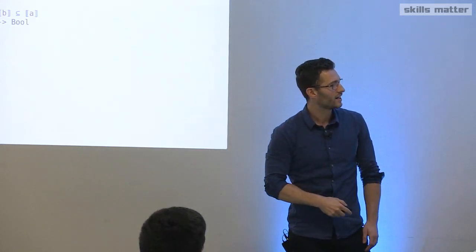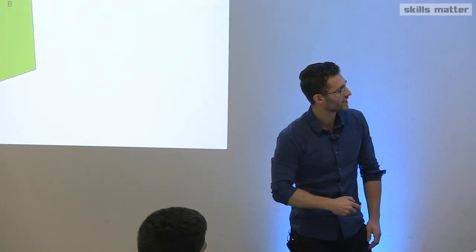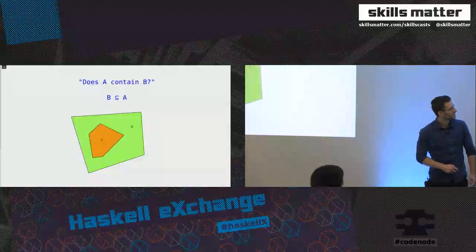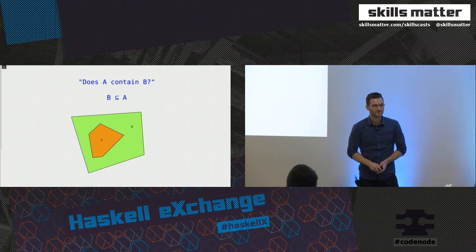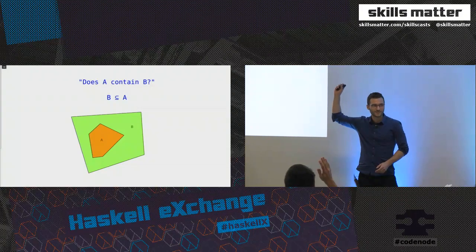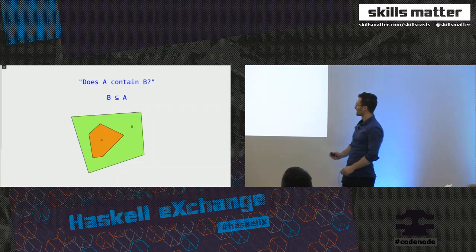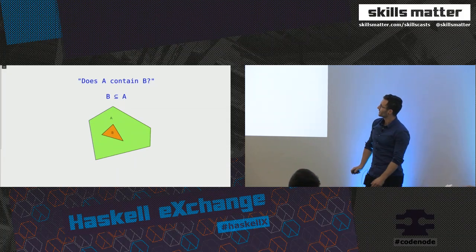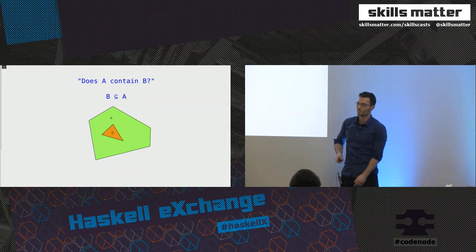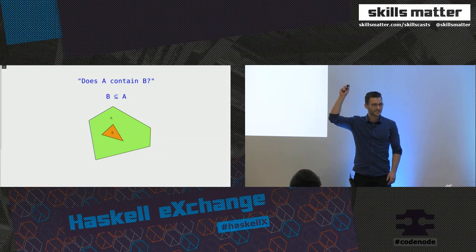Okay, and another quick quiz for you guys. Does A contain B? Is B a subset or equal to A? Yes, hands up. Yes, I tricked some of you. Okay, great. How about now? Is B a subset or equal to A? Does A contain B? Hands up for yes?